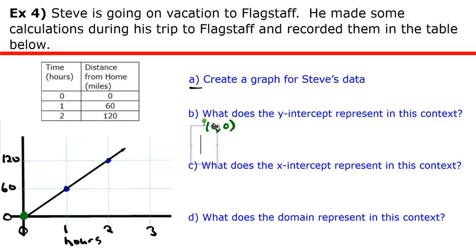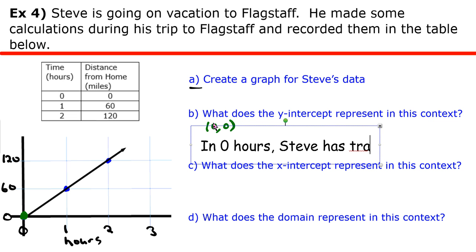What does the x represent? Time. So we can say in 0 hours, or at the start of his trip, Steve has traveled 0 miles. Or we could say that Steve is at home, because it's the distance from home in miles.